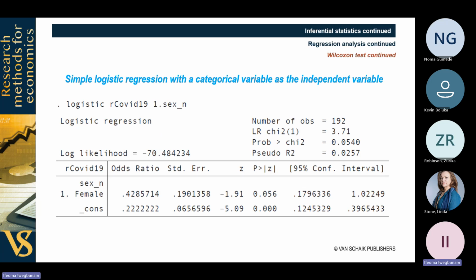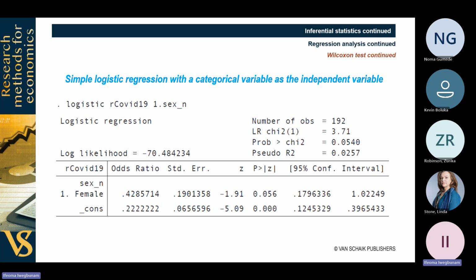Then simple logistic regression with a categorical variable as independent. You can also look at it here from the chi-square, then the probability, and also the pseudo R square.